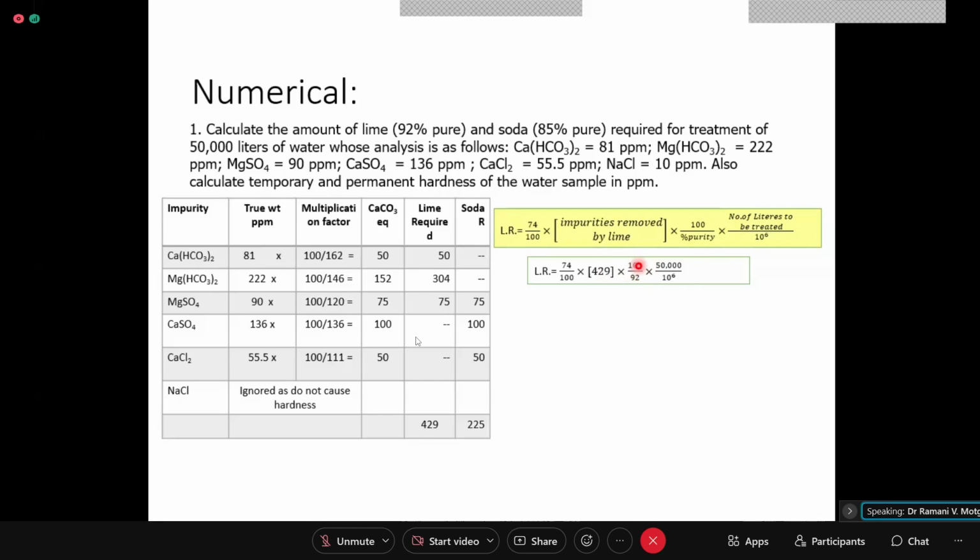This much more quantity of lime will be required, because the purity is 92% only. And then 50,000 divided by 10 to the power 6, these many kgs. The unit becomes kg when you divide by 10 to the power 6. Okay, so what will be the answer? Now you calculate and let me know. Everyone should calculate and tell me the answer. Then we will tally what answer you all are getting.